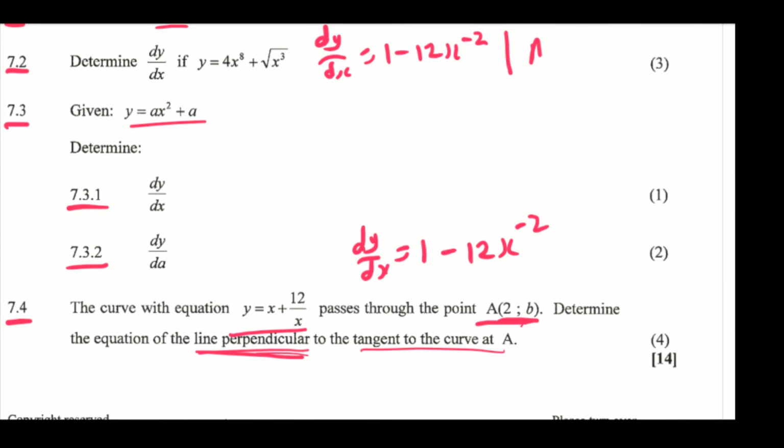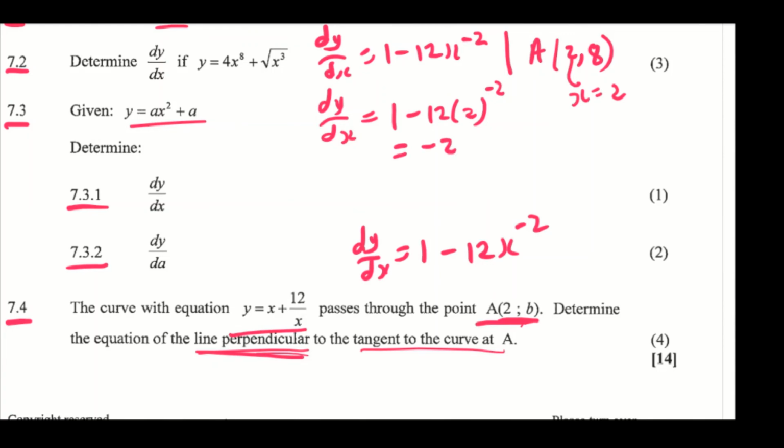But we need to remember that it passes through this point of 2 and 8. We found b to be 8. So we're just going to substitute this x value of equals to 2 and find the actual gradient of this tangent. 1 minus 12 into 2 to the power of minus 2 should get your gradient to be minus 2 if you punch in your calculator.